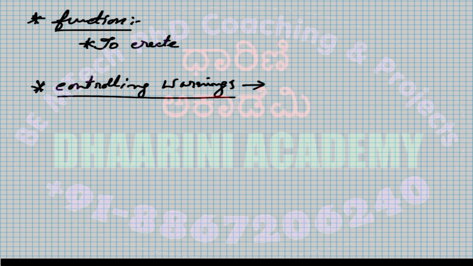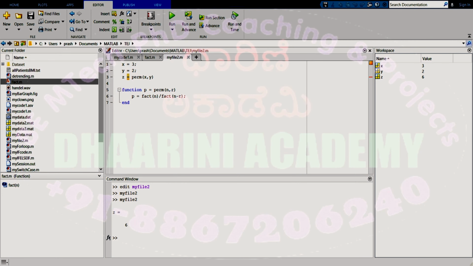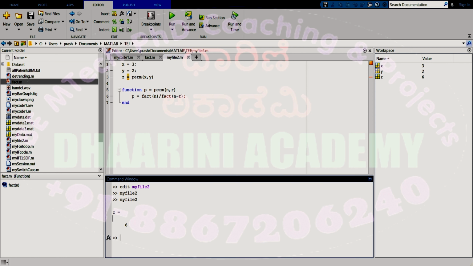Okay, so the first technique is to enable. If you want to enable warnings, right, then you can actually enter that even inside the code, or you can enter that in the command window.